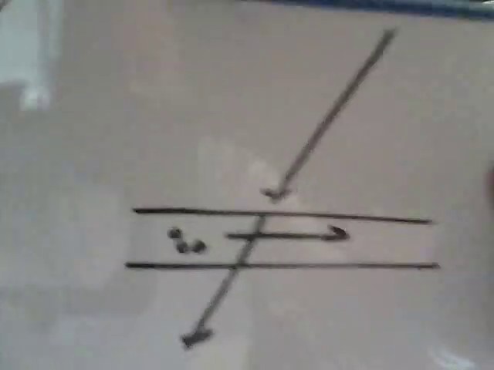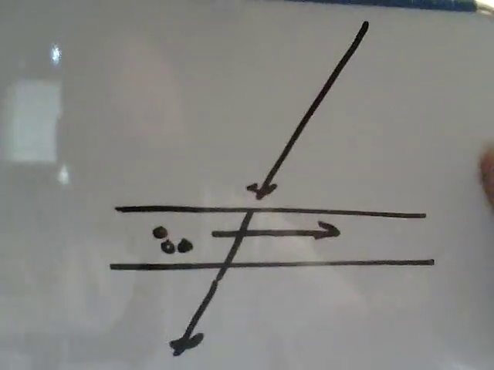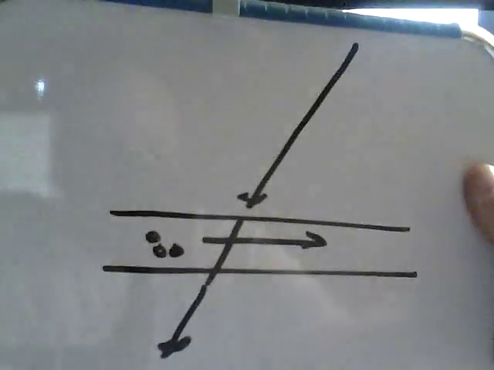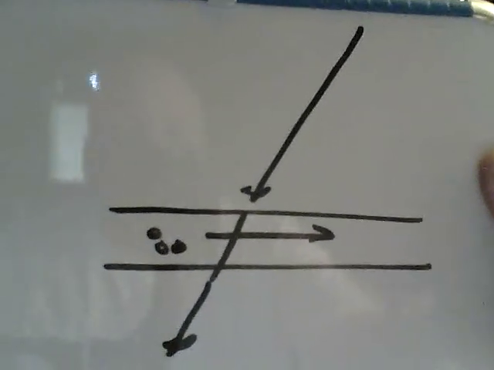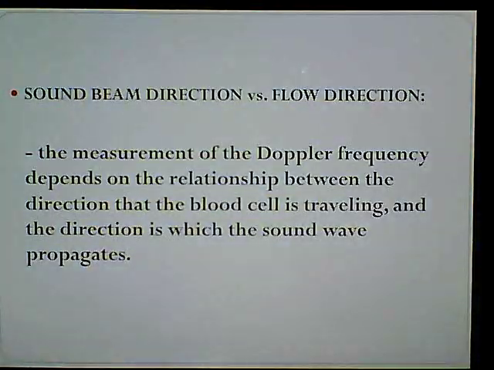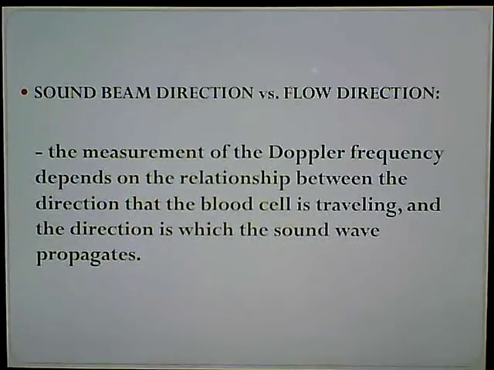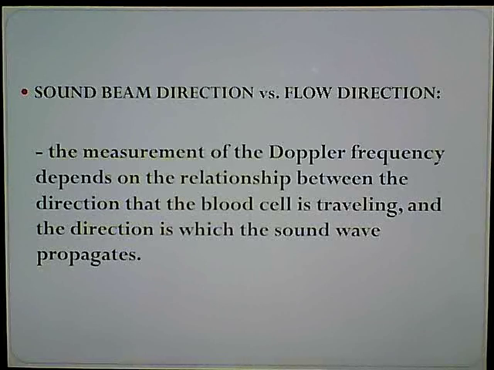As sound is traveling this way, my sound beam is coming from this direction. It's that interaction. How am I picking that up?